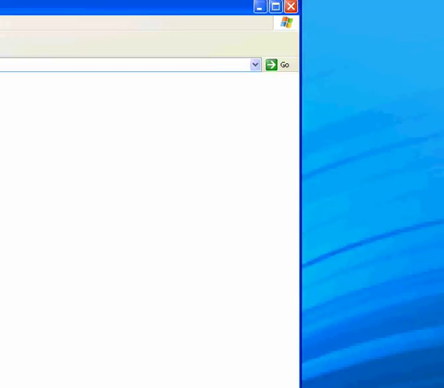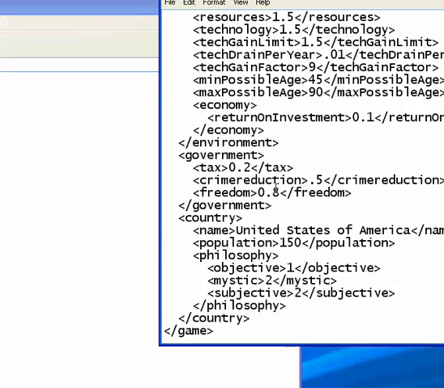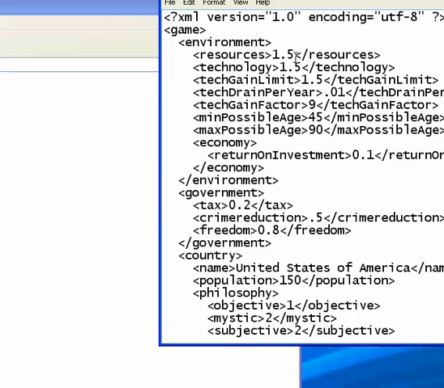This time I'm going to set the overall resources of this society to 1, which is a basic starting point. I'm going to set the tax rate to say 30, or let's make it 40%. I'm going to limit the overall freedom of the people so that they can't take all the actions they want to take. And let's see if this has any impact on the overall result that we got from our simulation.